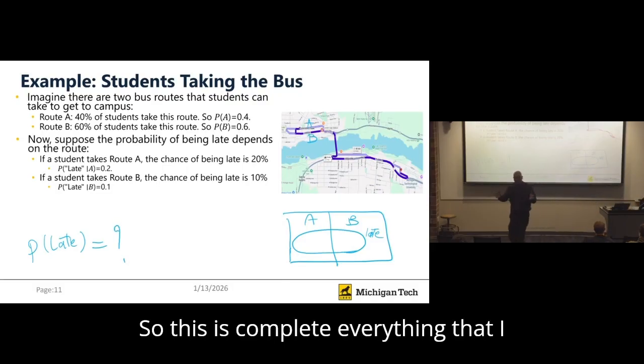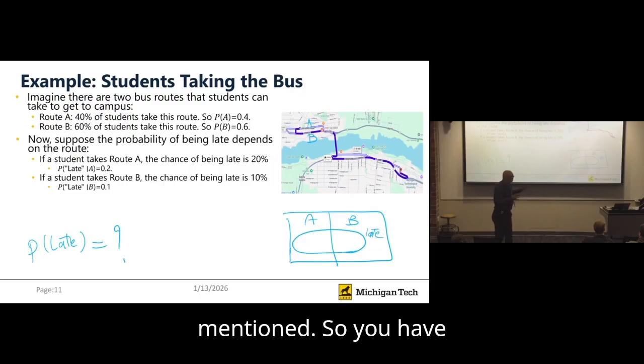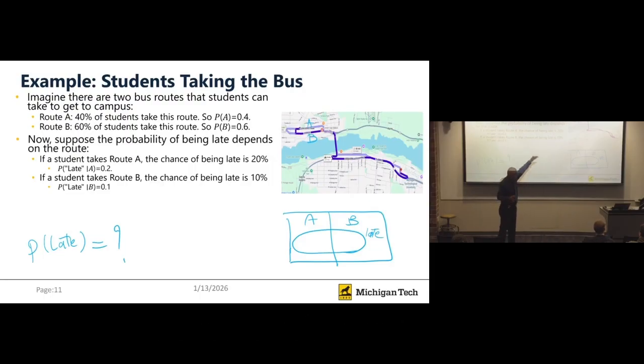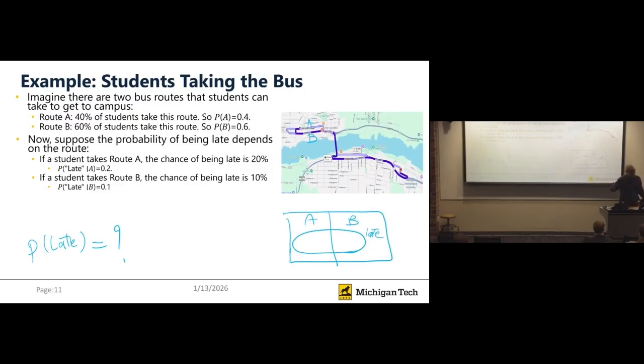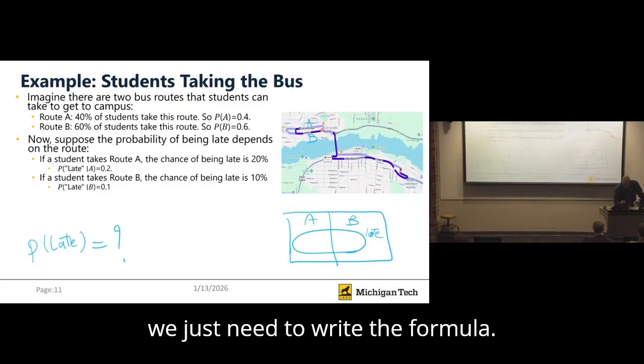So this is complete, everything that I mentioned. You have different ways to get late: using route A and using route B. And we just need to write the formula.